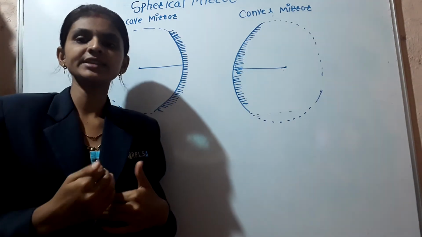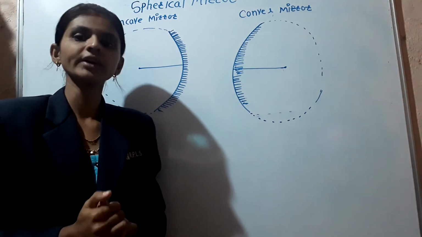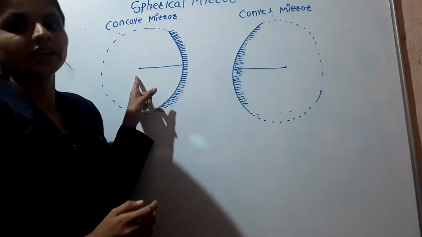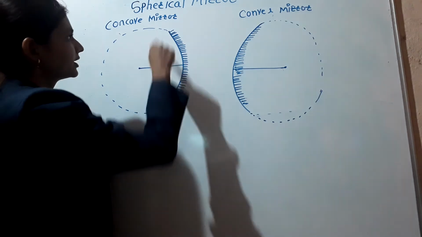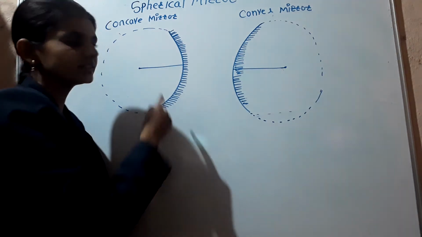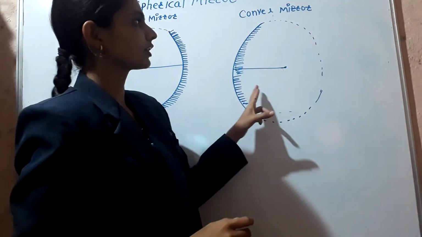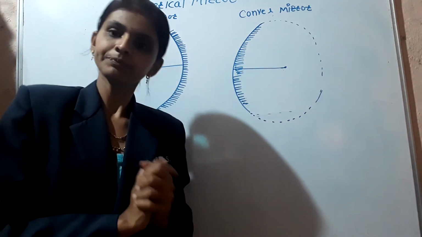One by one we will discuss many concepts related to the concave and convex mirror. First we will see the center of the concave mirror and the convex mirror. In the concave mirror, the center is in front of the surface, and in the convex mirror, the center is at the back side of the surface.